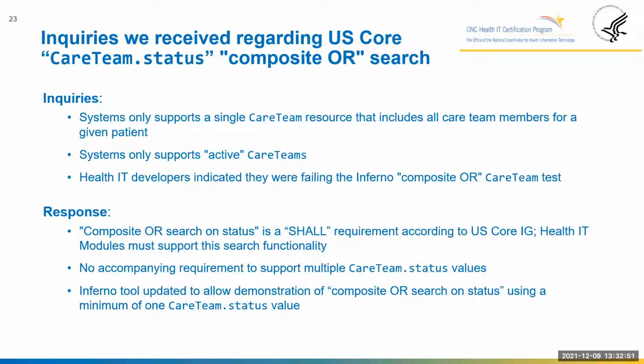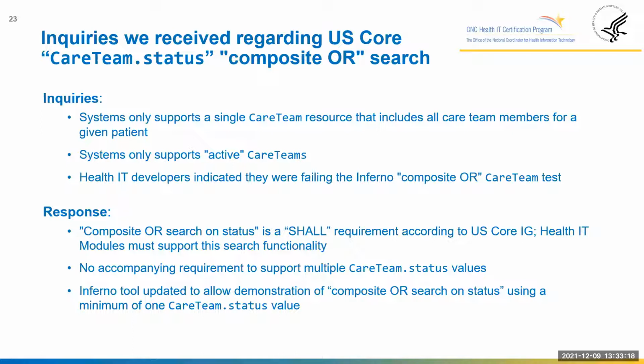So we provided this clarification that the composite or search on status is still a shall requirement according to the US Core IG, and the Health IT module must support this search and not throw an error or anything when provided this search. But there's no accompanying requirement to support multiple CareTeam.status values.